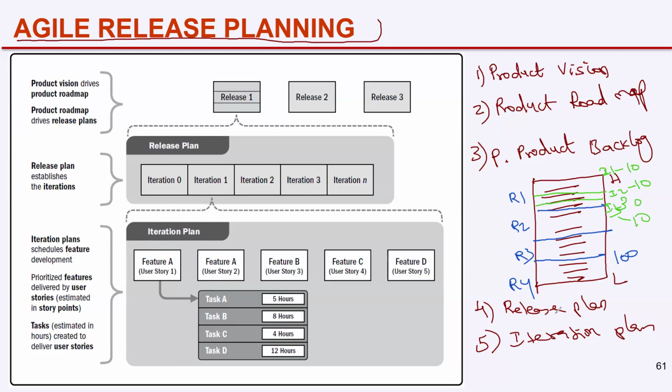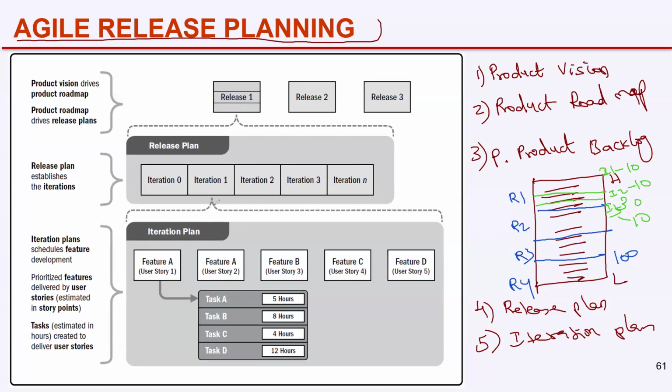So the release plan will be further decomposed or divided into an iteration plan. Iteration is where the detailed planning happens. As you can see here, we planned 3 releases in this particular project. Release 1 is further divided into a number of iterations.